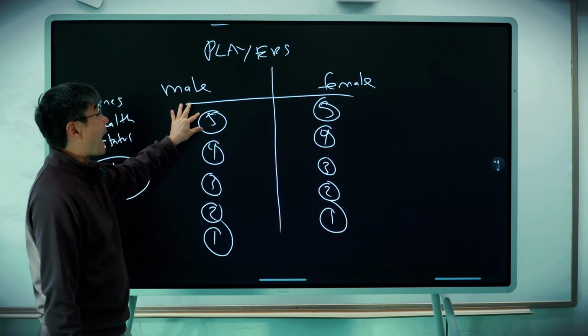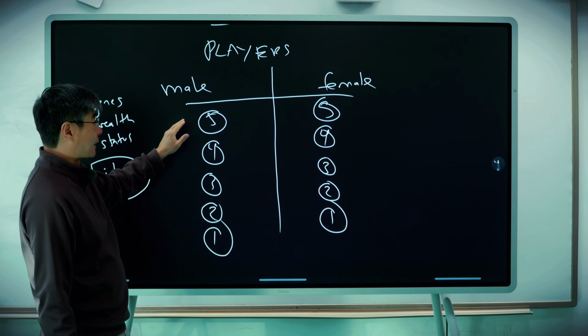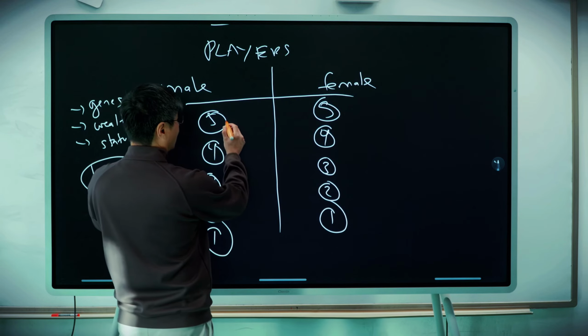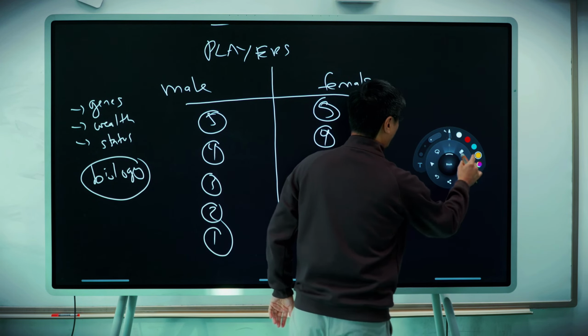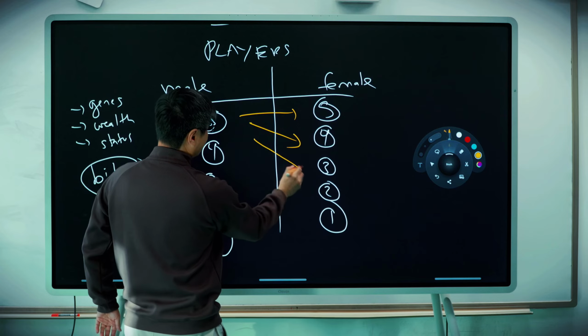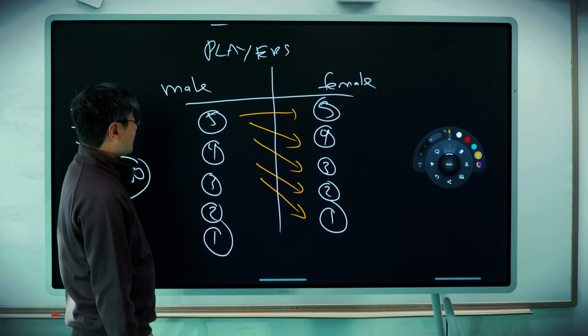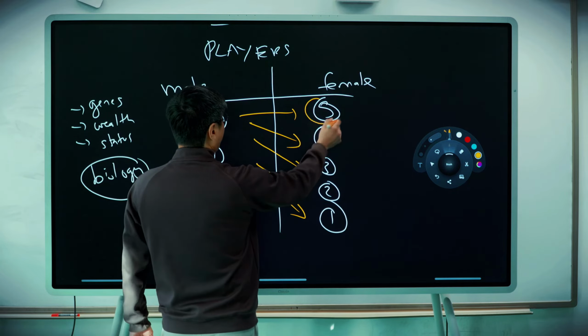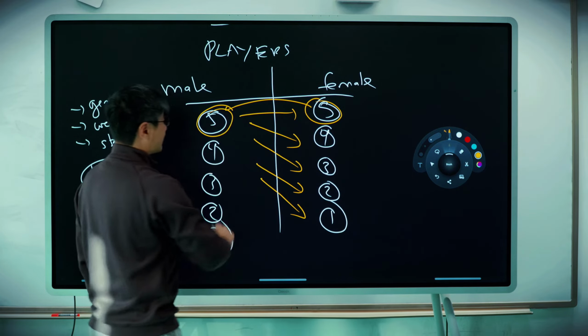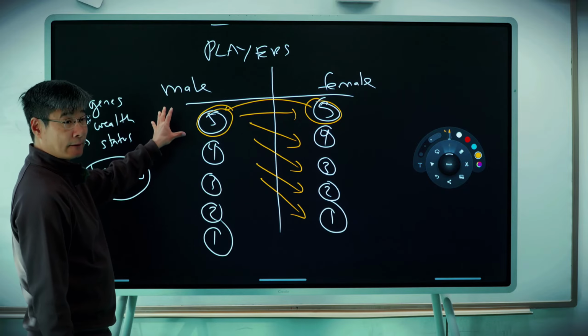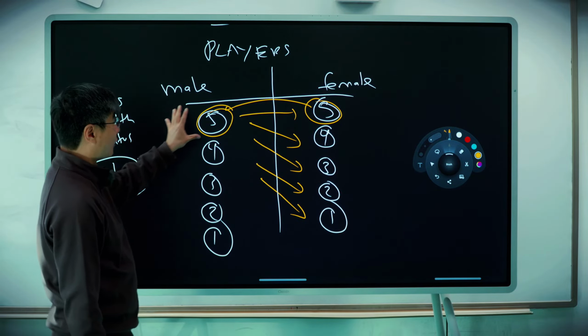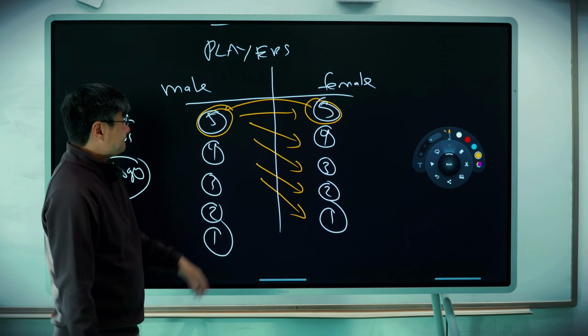So basically, number 5 is trying to have sex with all 5 women, right? That's his strategy. But female number 5 wants to ensure that she only gets 5. Okay? So these are different strategies.